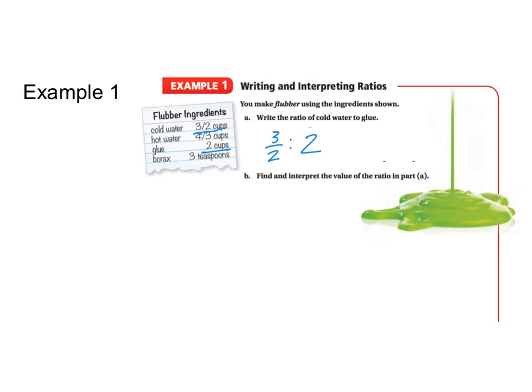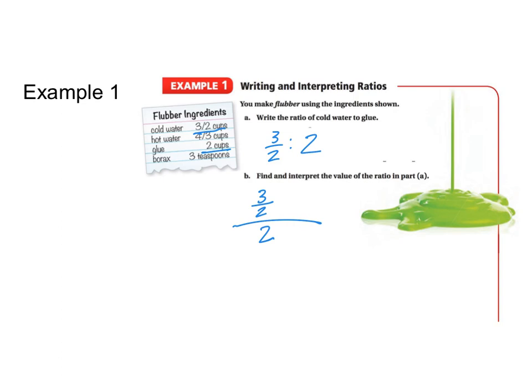Now, the next question asks me to find and interpret the value of the ratio. So right now, 3/2 cup of cold water to 2 cups of glue doesn't really mean a whole lot to me. I want to know more about the relationship between the cold water and the glue. So I'm going to rewrite this ratio using our fraction bar. Again, that's still pronounced 3/2 to 2.